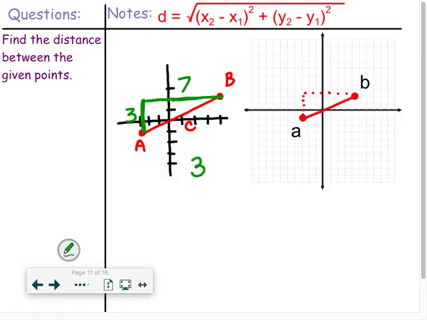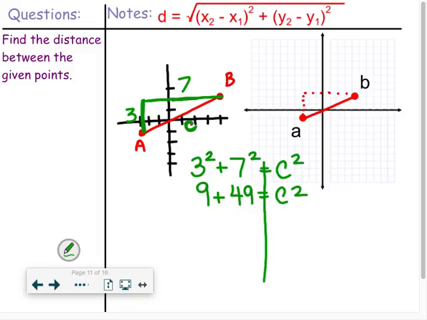So you can do 3 squared plus 7 squared equals our hypotenuse squared, because the side that we're looking for here is the hypotenuse. So 3 squared is 9, 7 squared is 49, and that equals c squared. 9 plus 49 is 58, and then the square root of 58 is approximately 7.6.